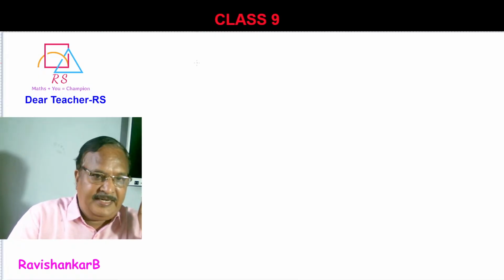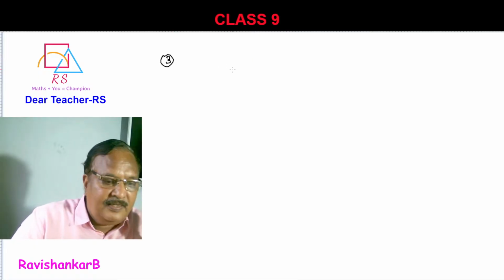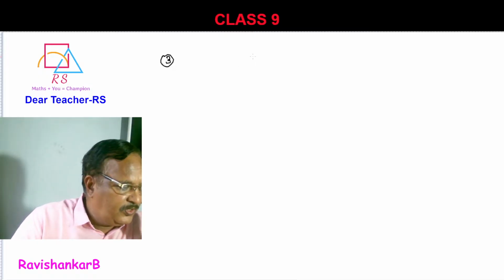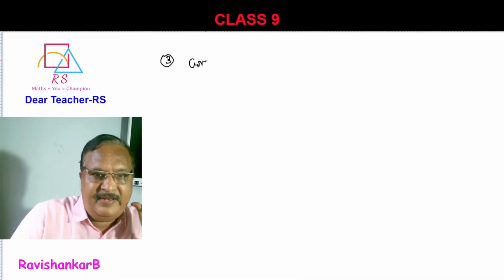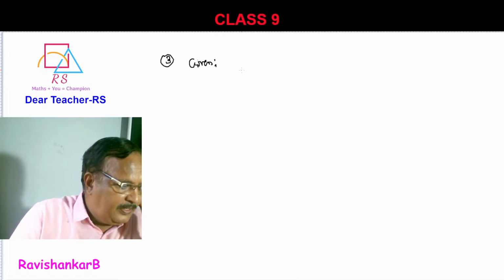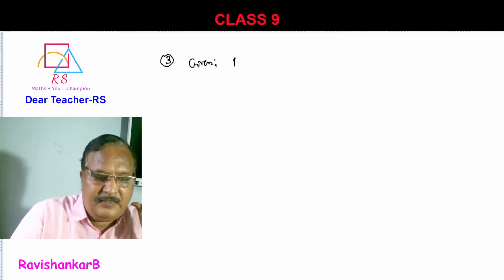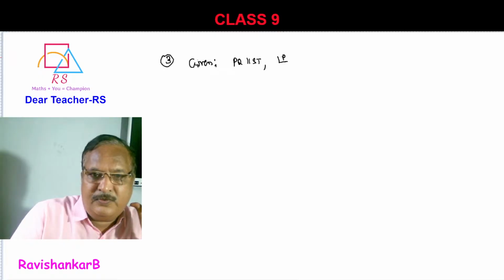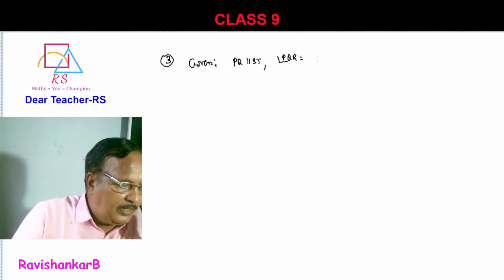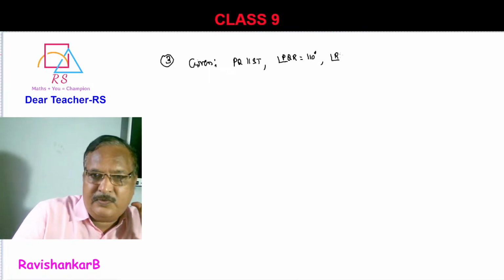Question number 3, exercise 6.2. Figure is given. I'll write the things in the given. PQ is parallel to ST, and angle PQR is equal to 110 degrees, and angle RST is equal to 130 degrees.